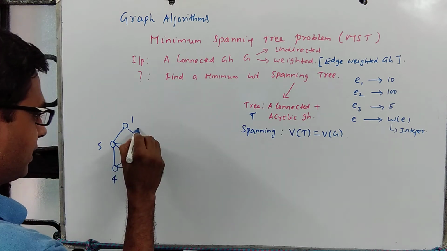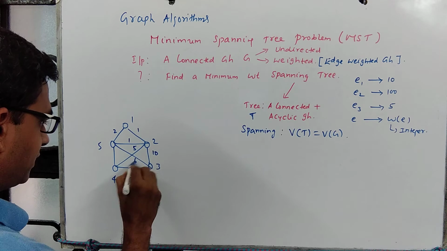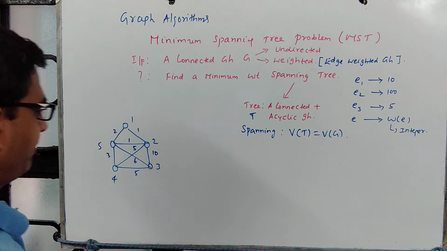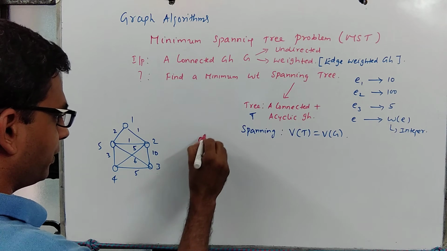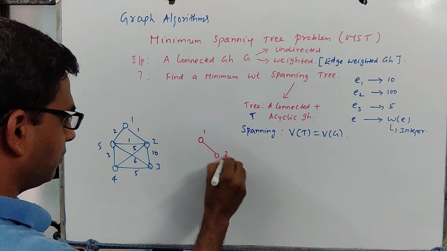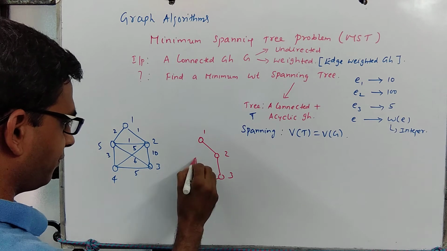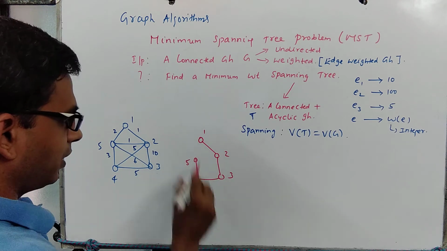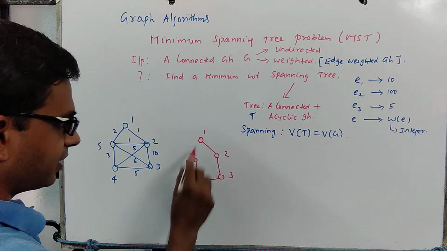Let's assume the weights are 1, 1, 2, 10, 5, 6, 5, 3. Now you can have vertices 1, 2, 3, 4, 5. Look at this subgraph. This subgraph is a tree.